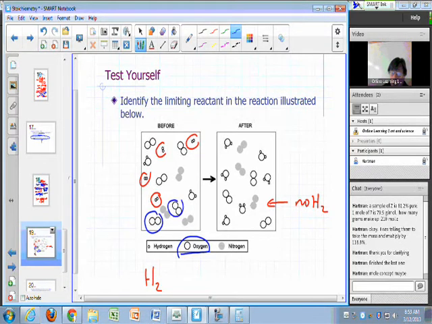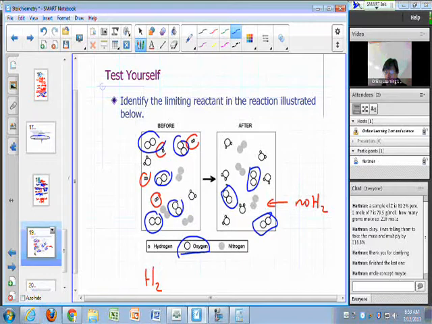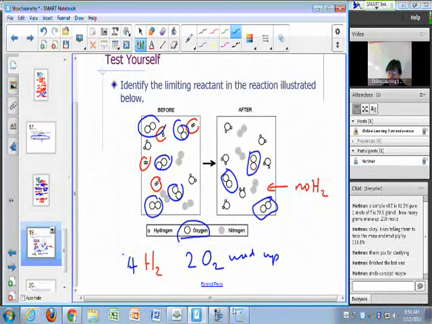There's 1, 2, 3, 4, 5 O2s on the left. And here you have 1, 2, 3. So that means 5 minus 3, 2 moles of O2 used up, right? And all four molecules of H2 are used up. So H2 and O2 are both reactants.